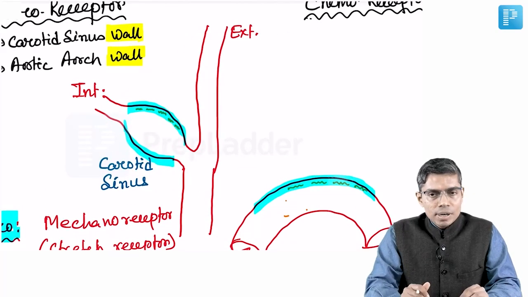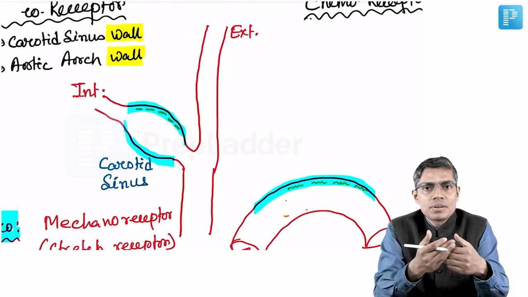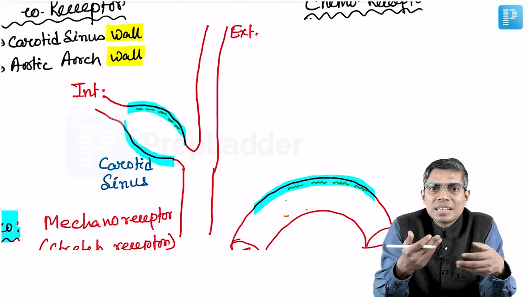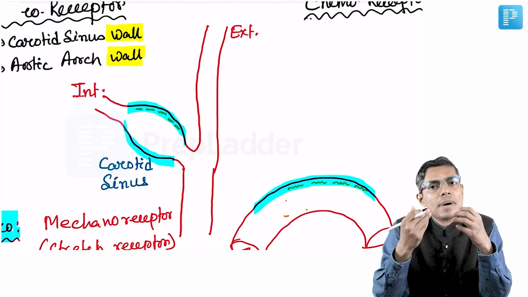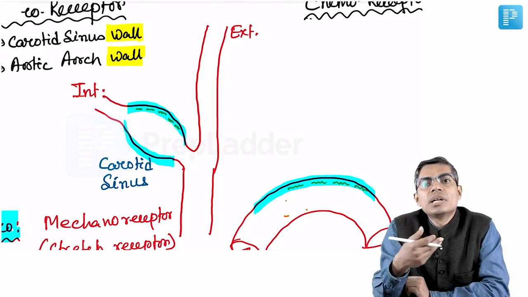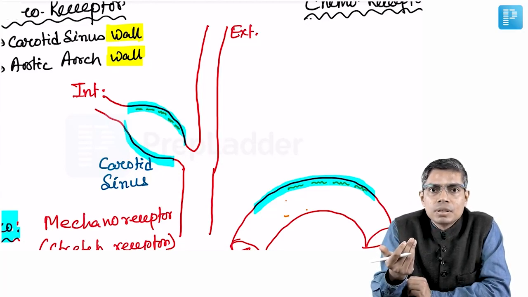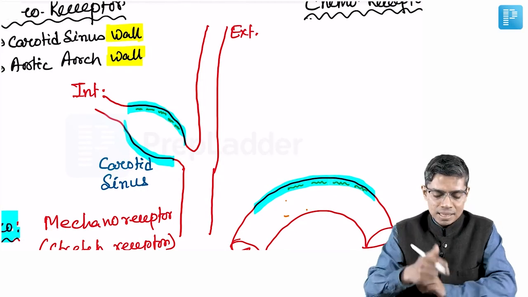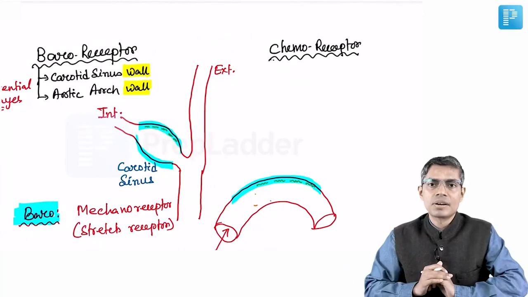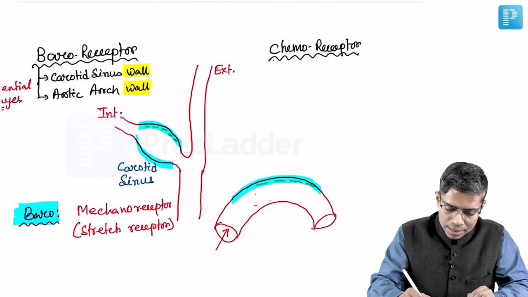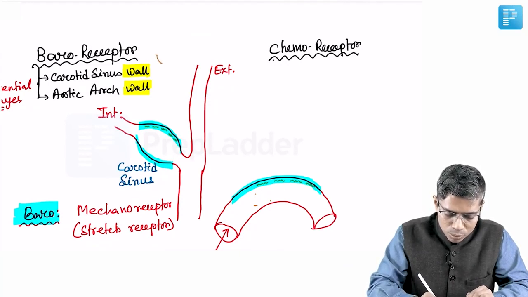Now, if you look at the nature of this receptor, they are mechanoreceptors. But what are they? Are they some kind of cells? Answer is no. Baroreceptors are basically neuronal endings. End of neuron. Right. So, which neuron is supplying the level of this carotid sinus? We all know that this area is supplied by the glossopharyngeal nerve.